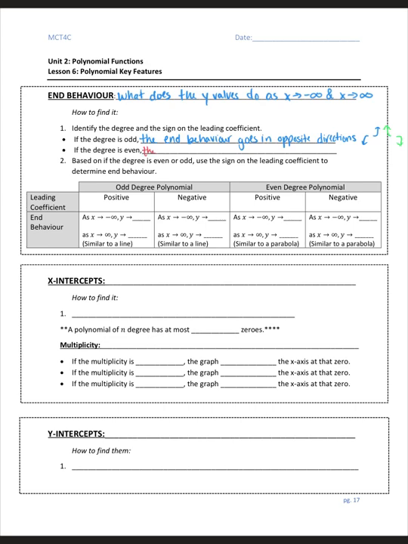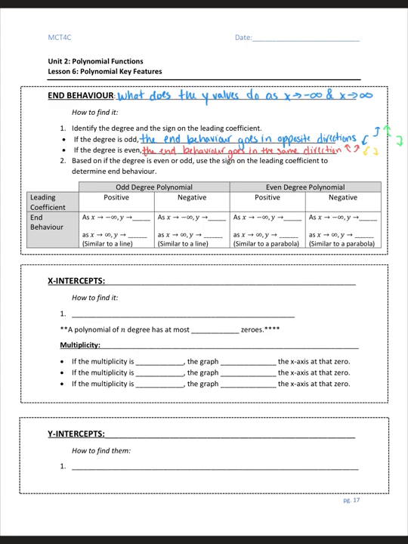If it's an even degree, then the end behavior goes in the same direction, either both up or both down. So if you think about a parabola, we can either have a parabola that's opening up on both ends, or the parabola could open down on both ends.